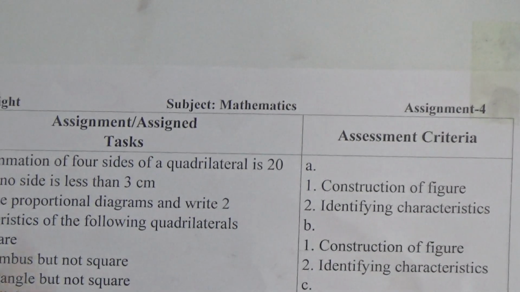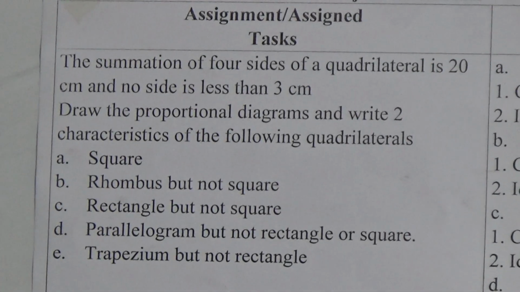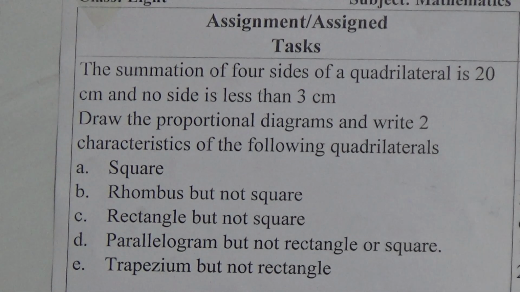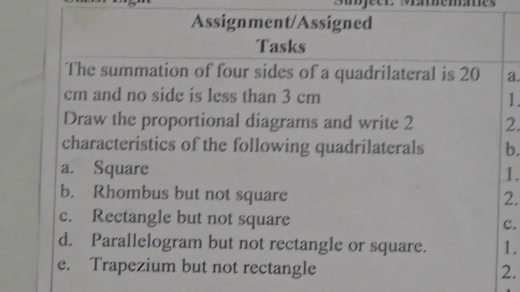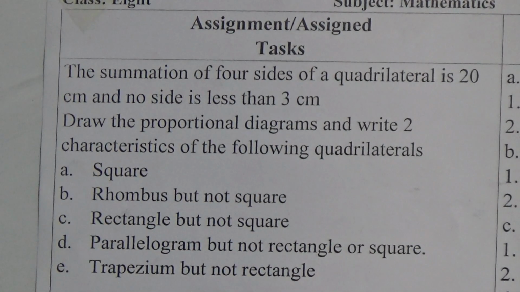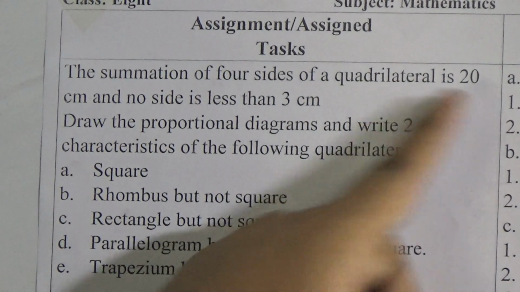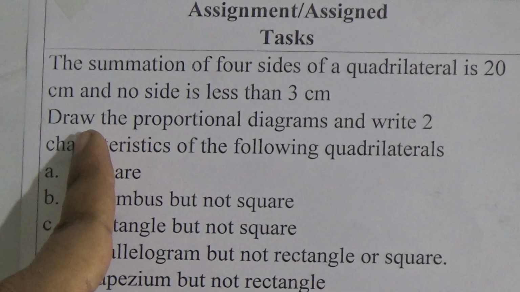Here the assignment subject is mathematics, and it is assignment 4 of mathematics, class 8. So my dear students, we all know how to write assignments. Just like the previous one, you have to write your assignment in your assignment copy. Now, what is our assignment task? The summation of 4 sides of a quadrilateral is 20 centimeters and no side is less than 3 centimeters.